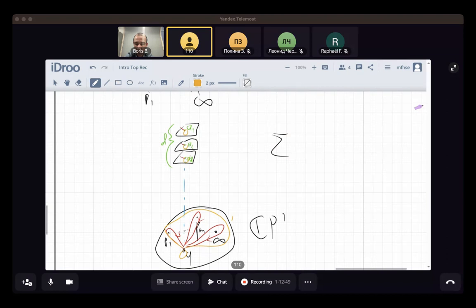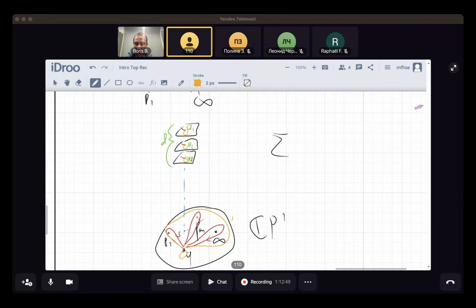Whatever. For instance, like this. So this is CP1 downstairs. And what does it correspond to upstairs?